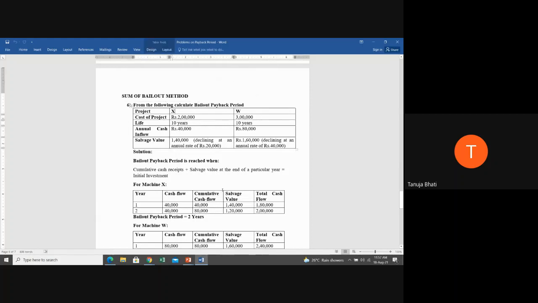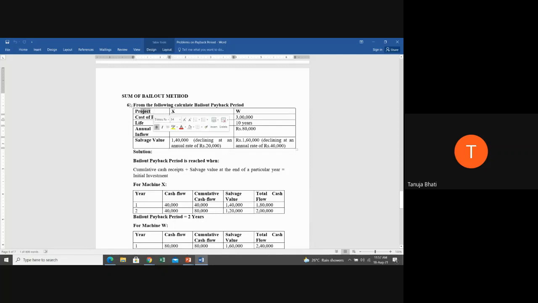Under the bailout method, the payback period is reached when your cumulative cash inflows plus your salvage value is equal to your initial investment. So you have to see which year it is equal to your initial investment. That year will be your bailout payback period. So let us see a problem on that.